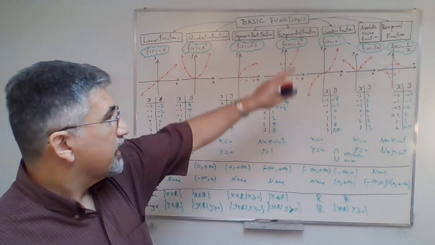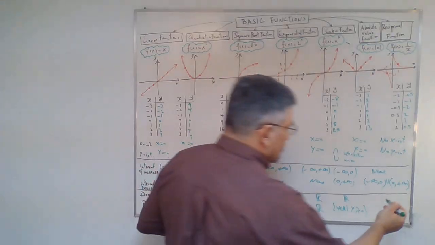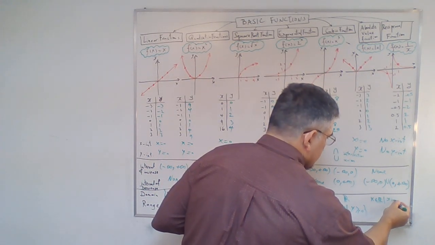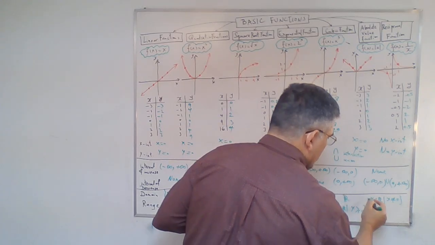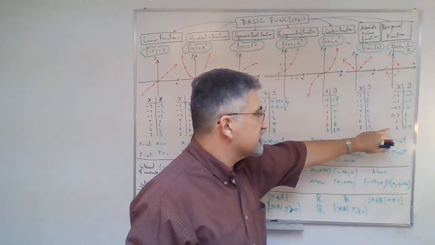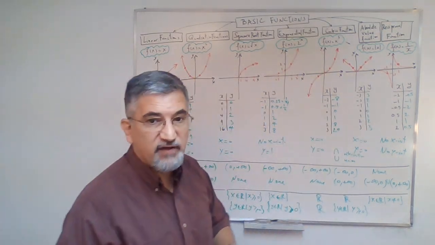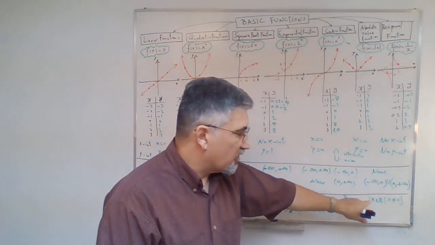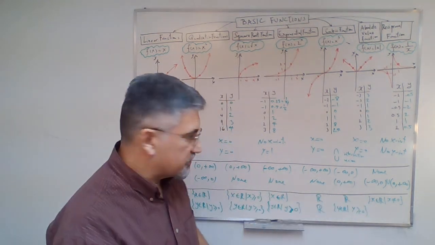That's the range. And for the reciprocal function, domain is any real number such that x cannot equal 0. But other than 0, you could have selected any other x value in the table of values. The only invalid input number here is 0, and that's why we are excluding it from the domain of the function.